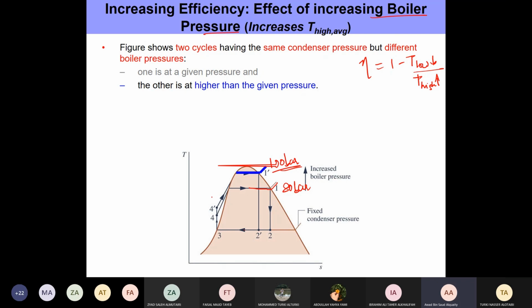When you increase the boiler pressure, what we are actually doing is increasing the average temperature of heat addition. If you look at 4 dash to 1 dash, the temperature during this process is much higher than the temperature during 4 to 1. If I look at this red line, and you calculate the temperature at each state and take an average, it's obviously higher than the temperature for the green line.